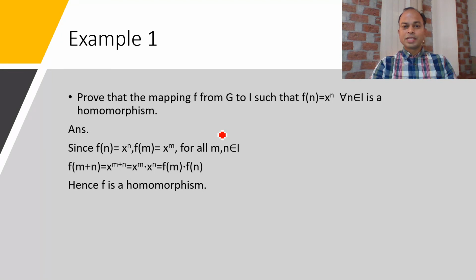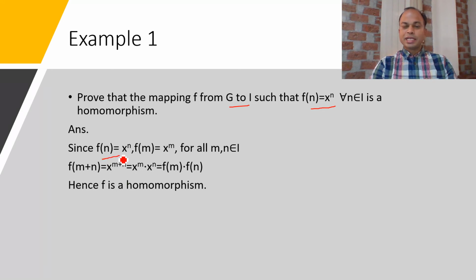If we talk about an example, say we are taking two groups G and I. Function f maps from G to I, and our function is given by f(n) equals x raised to the power n, where x belongs to the set G, and now we are computing.